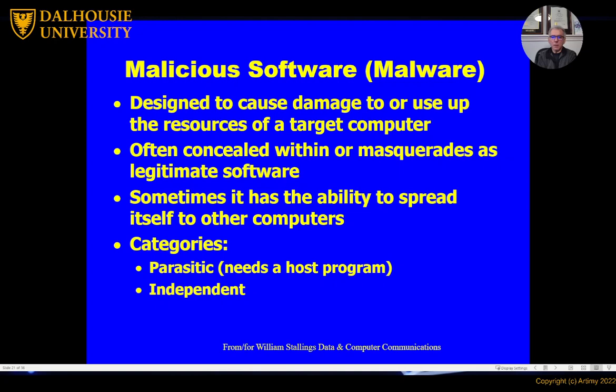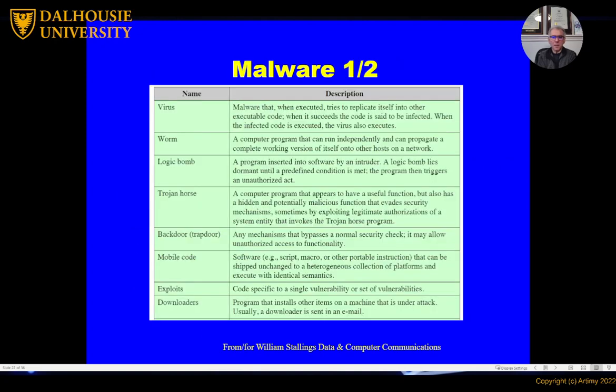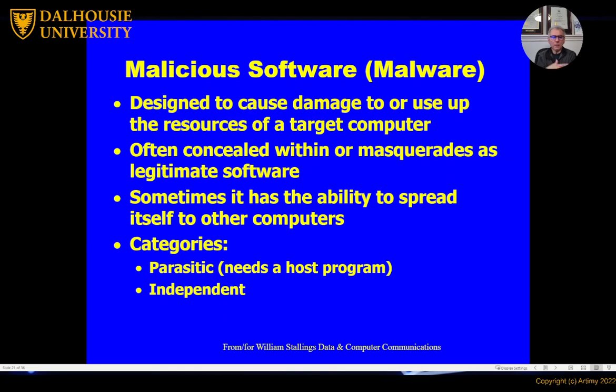So we talked about malicious software before, and we have a lot of examples of malicious software, or malware. This software in general is designed to cause damage. Often it's not like you see it on your computer and say, okay, I'm going to uninstall it. No, it's concealed.